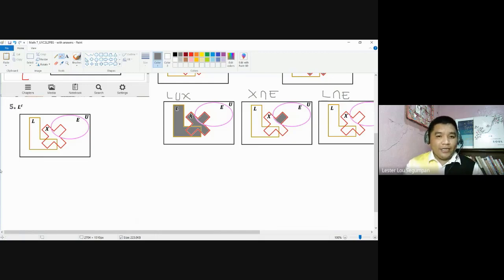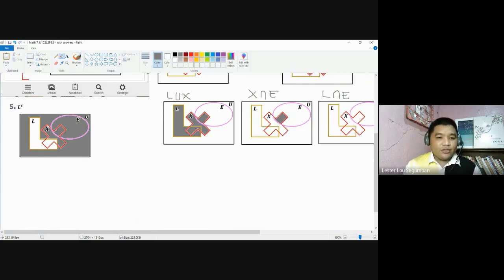I'm talking about set L here. This is the region for set L, but for its complement, we are going to shade the other areas but not L. So remove the shading for L, but shade all other regions. I'm talking about this region here, because this is not part of L.